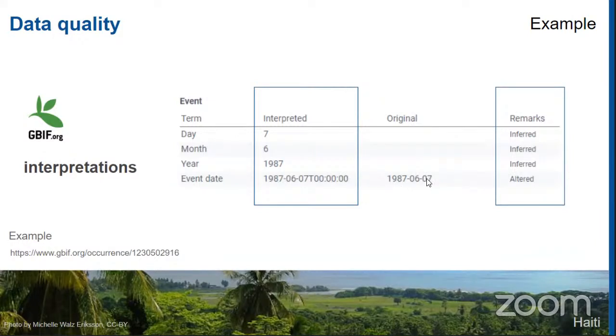They have turned this into this other ISO format, which includes time. And for the other fields, day, month, and year, what they have done is derive or infer them from the original. So from this one, we can see that the year is 1987, so they inferred this value, and they inferred the month and the day. So they're telling us what they have done.